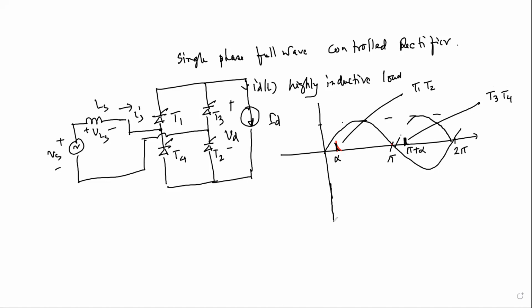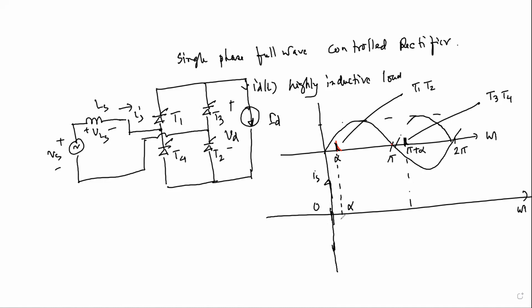And if we plot the Is current, I am repeating whatever we have already done. So here, until 0 to alpha, the current should be Is.